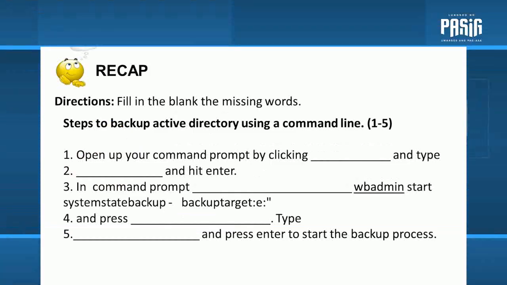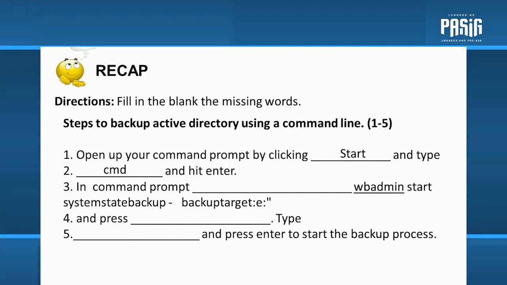Directions. Fill in the blank the missing words. These are the steps to back up Active Directory using a command line. Items 1 to 5. Number 1. Open up your command prompt by clicking blank. The answer is Start. And type, number 2, CMD and hit enter.